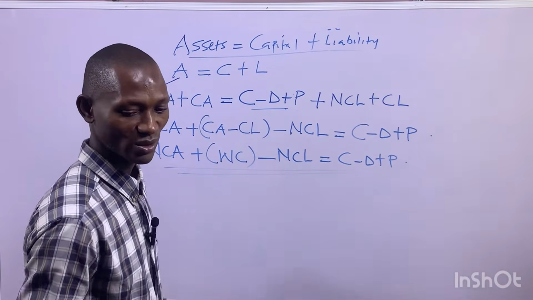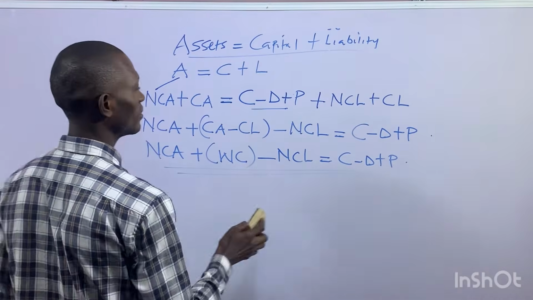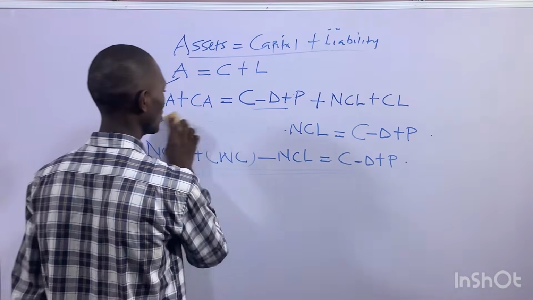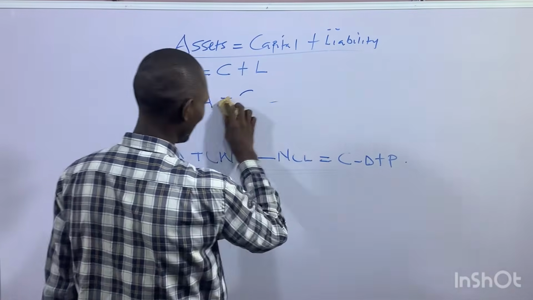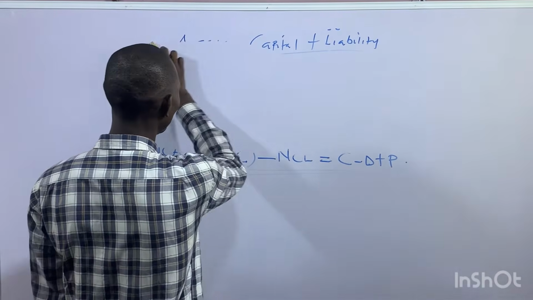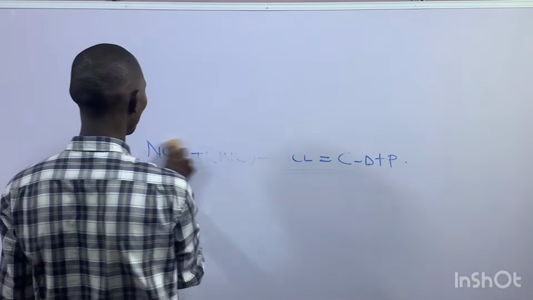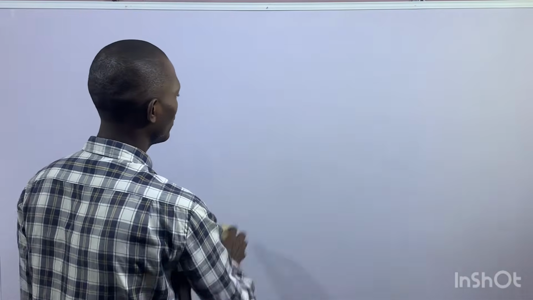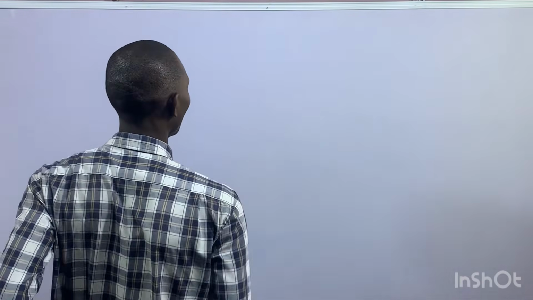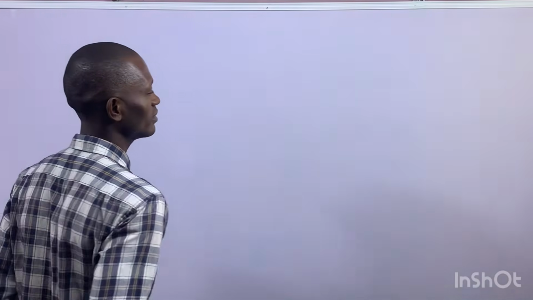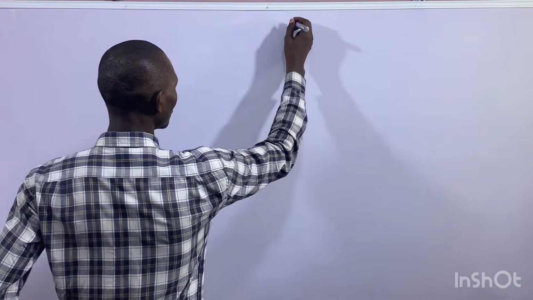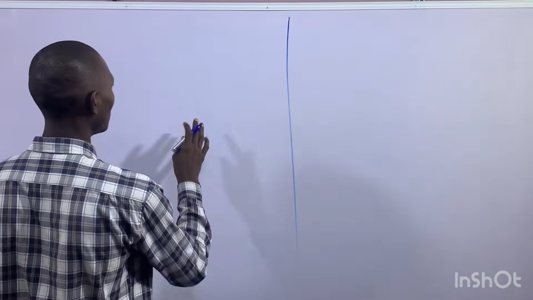So let's do that now. So let's draw the format of the statement of financial position or balance sheets. So let's do that together. So we have the statement of financial position to prepare. Sorry, I think I have a marker here. Okay, so statement of financial position.